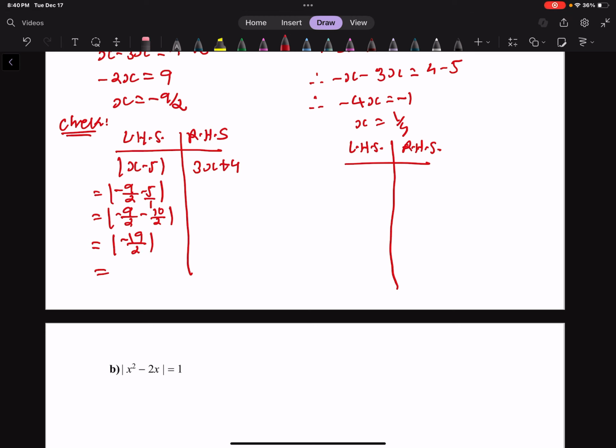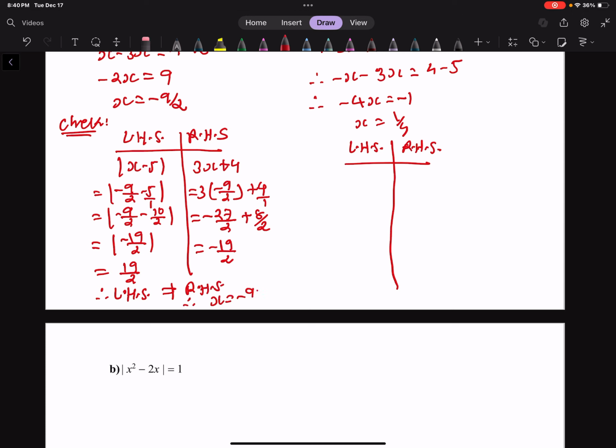If we take the absolute value, it becomes positive. Right-hand side, negative 27 over 2, plus 4, multiply top and bottom by 2, which is negative 19 over 2. Here we can see the left-hand side is not equal to the right-hand side. Therefore x equals negative 9 by 2 is an extraneous solution.